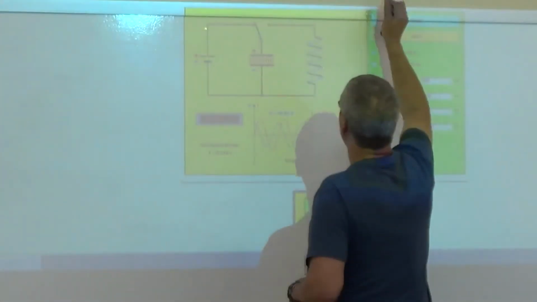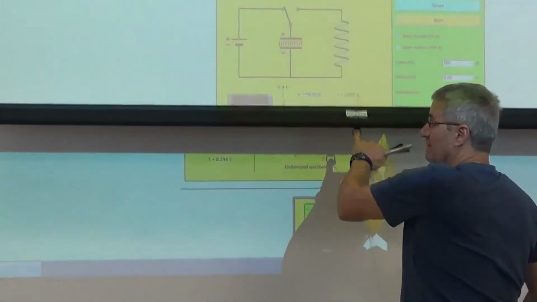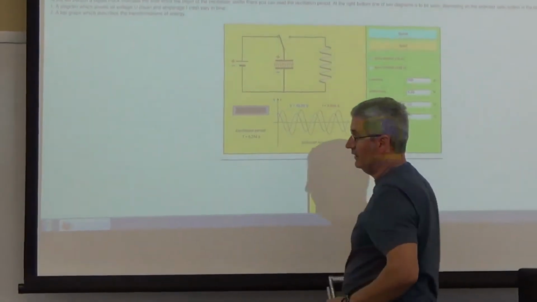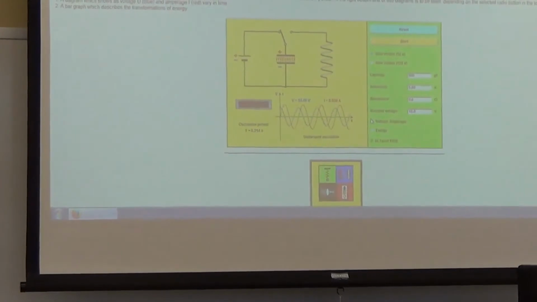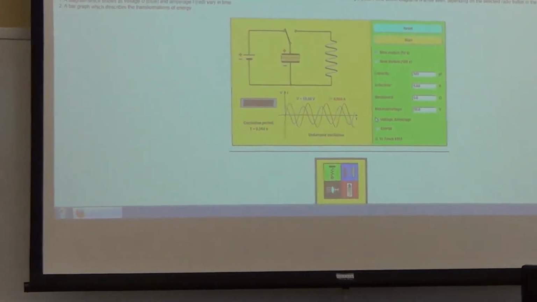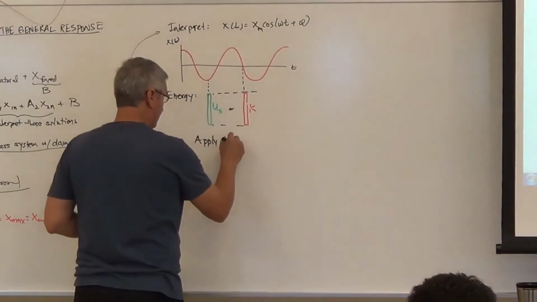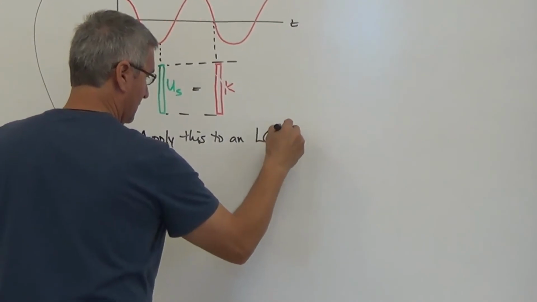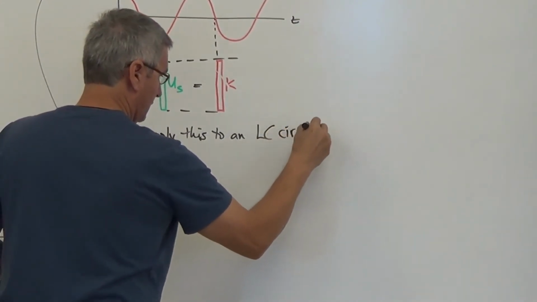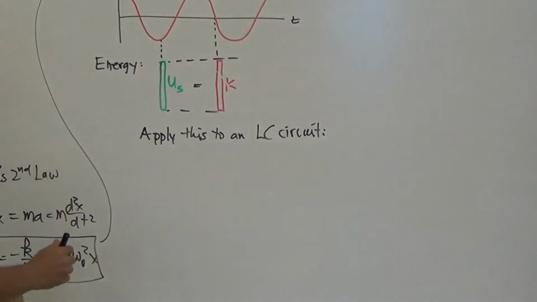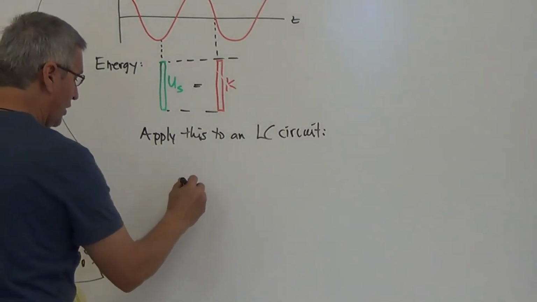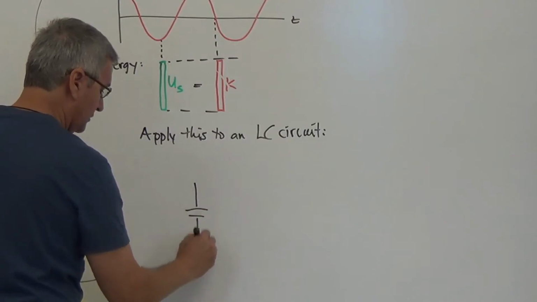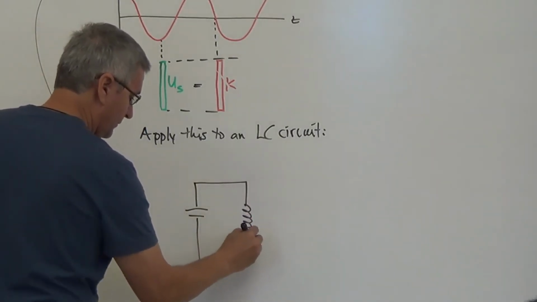So in a very analogous way, we can think about this in a very similar way now. If I apply this analogy to an LC circuit, what you're going to find is that you can do the exact same thing, where you have a charged capacitor with an inductor.